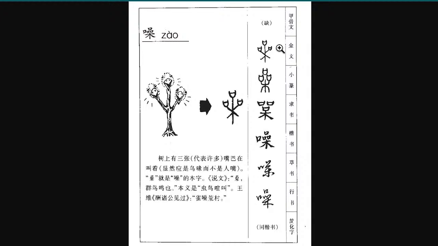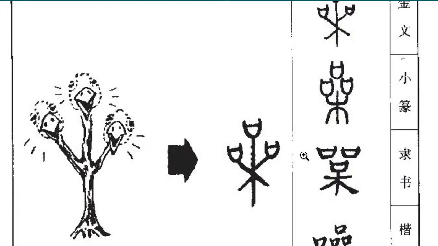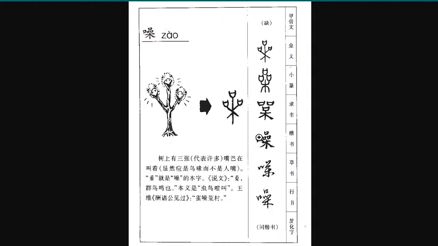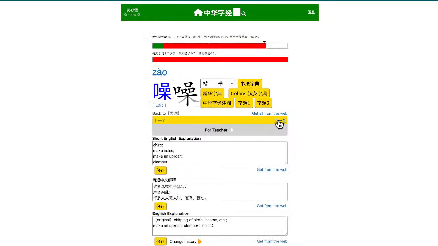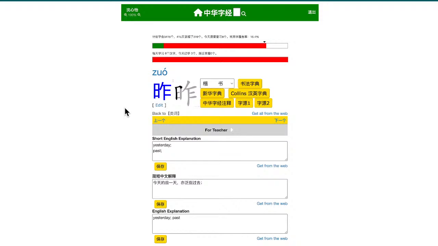So it actually represents 3 birds opening their mouths and chirping, making a lot of noise. That's the original meaning of this character. Of course, later on they added another 口 on the left to further emphasize that this is noise making. Okay, 噪.